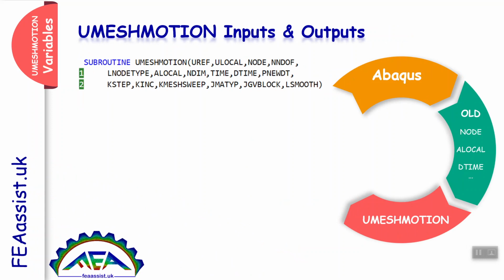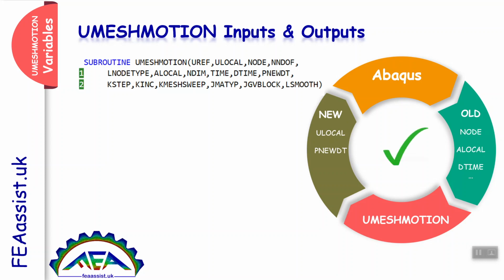We need to get these variables, process them in the UMeshMotion, compute the displacement or velocity of the nodes in X, Y, and Z direction, and return these variables to Abaqus. Abaqus again uses these variables to recompute the node positions and all the necessary variables. This is how Abaqus and UMeshMotion interact with each other, which is necessary to understand well to write a well-working UMeshMotion subroutine.